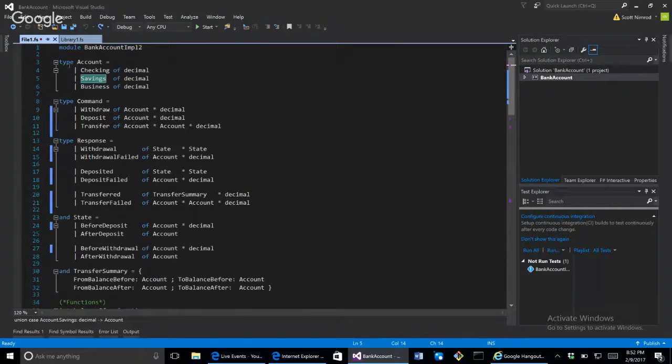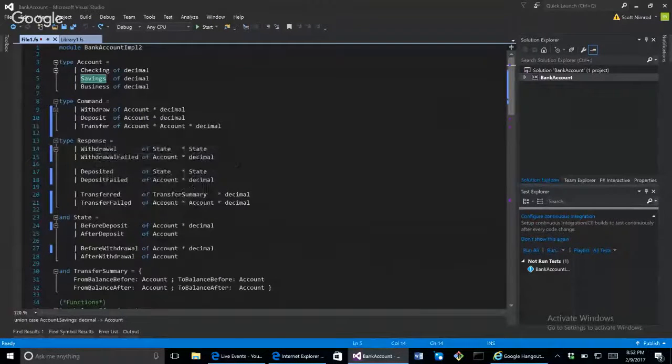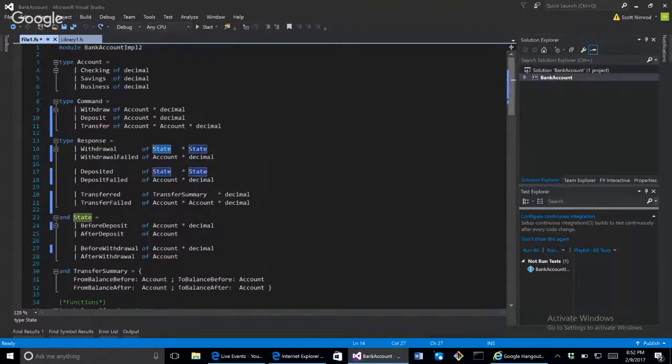But then we can look at some other parts that are kind of ambiguous, such as this response type, which is a discriminated union. It has something like withdrawal, in which the values that we're attaching to it are state and state. What does that mean? We see the same thing over here with deposited. It's a tuple of state and state.